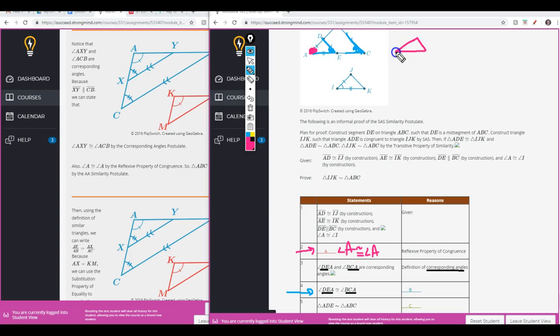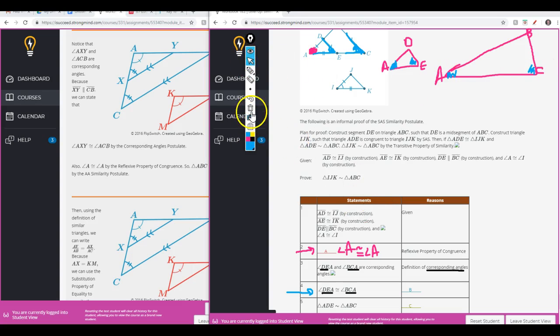So if we were to just draw ADE and then ABC, again, remember we had the pair of corresponding angles right there and right there, and then angle A congruent to angle A. So we had two pairs of angles.